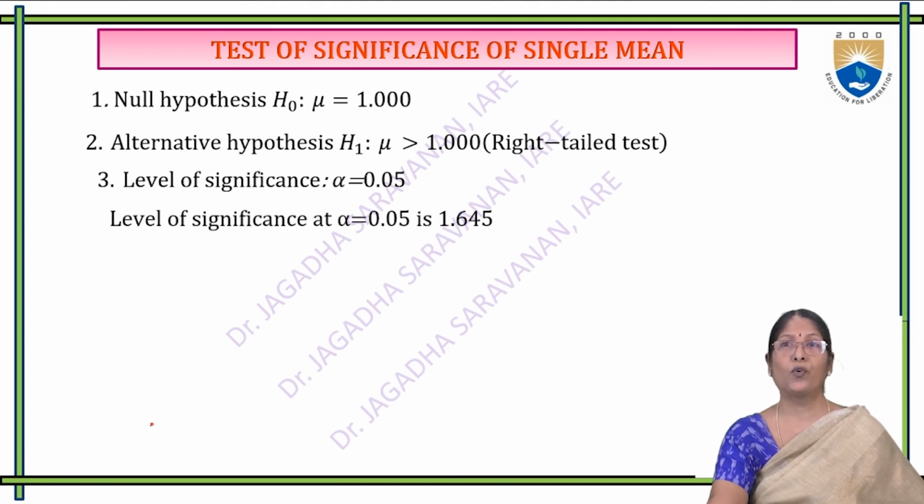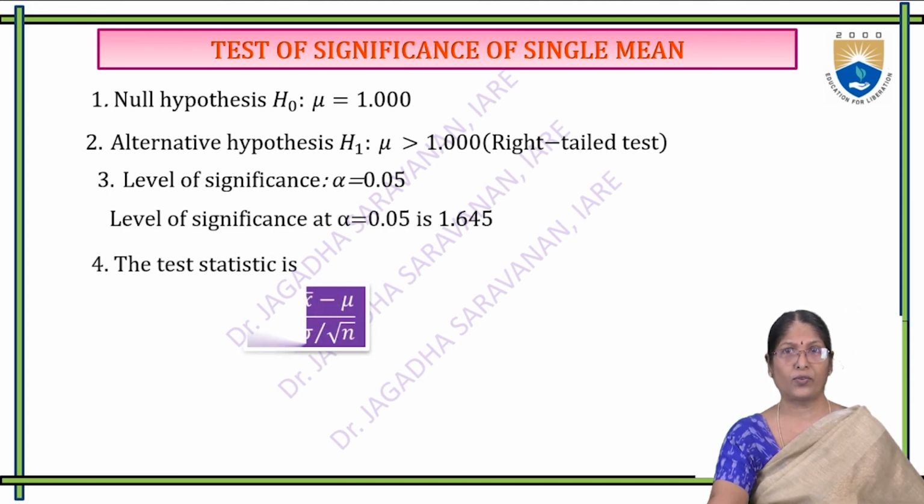The test statistic is Z equal to x bar minus mu by sigma by root n.